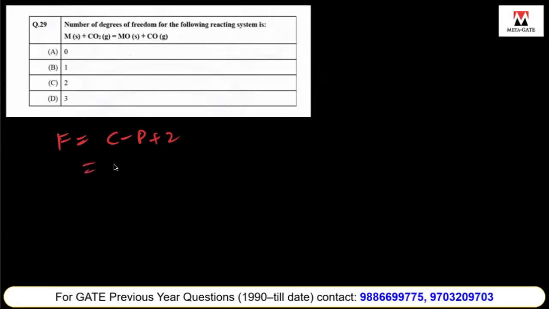So the components present are two. Phases present are two different solids, and the gases form a mixed composite. But here it's completely forming MO solid and CO gas. So it is 2 minus 2 plus 2, which is equal to 2.